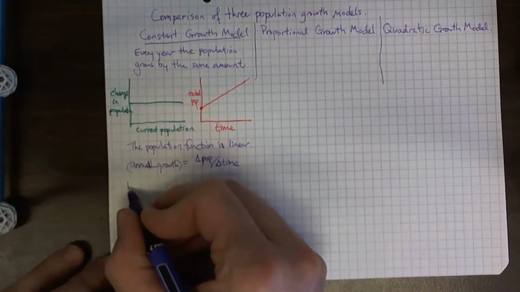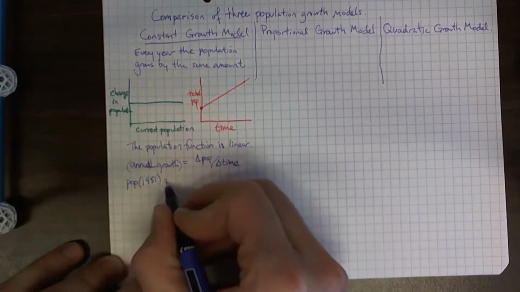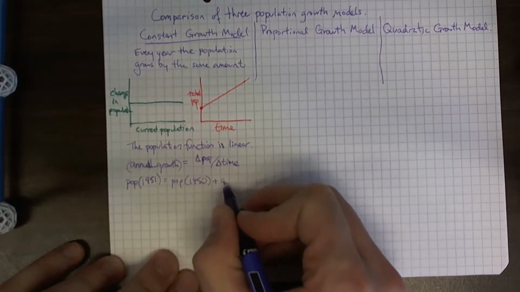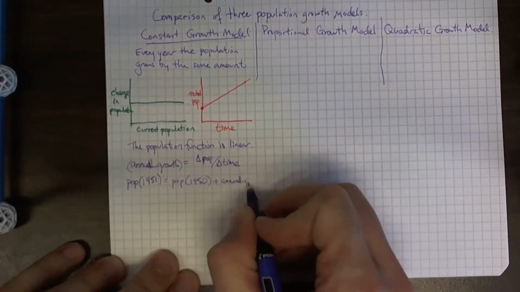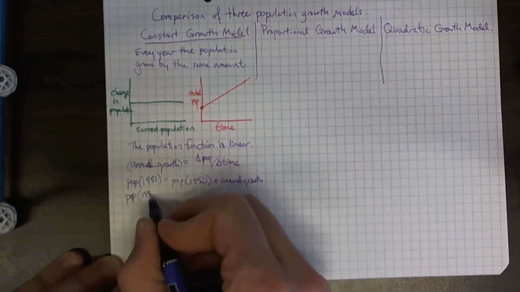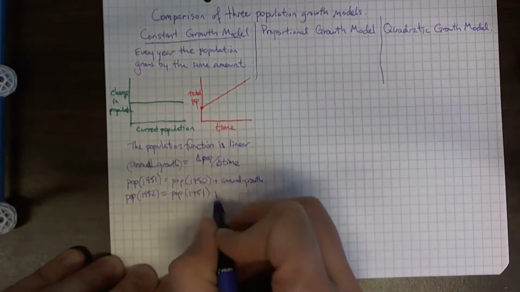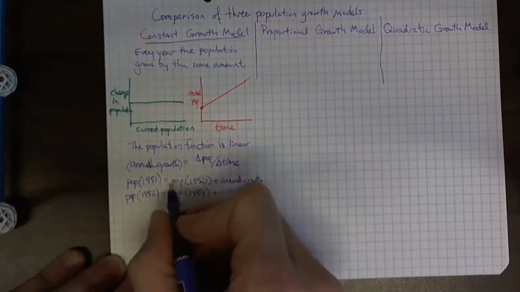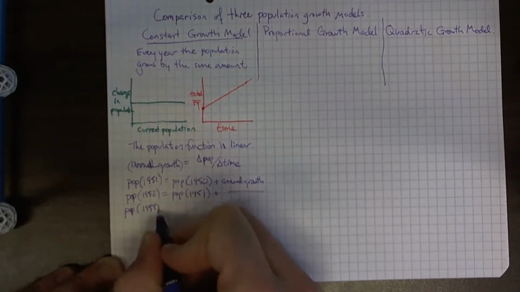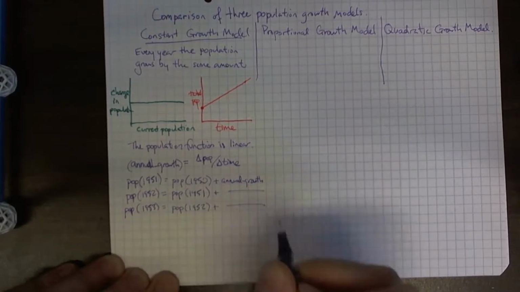And then we could write a function like the population in 1951 is equal to the population in 1950 plus this annual growth. And then the population in 1952 is equal to the population in 1951 plus that same annual growth, and etc. Population in 1953 is equal to the population in 1952 plus the annual growth.